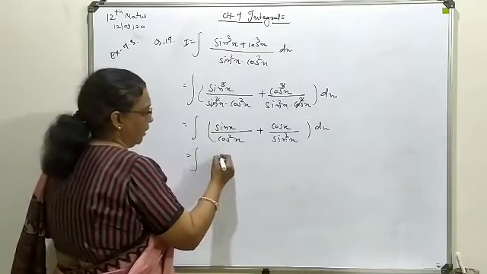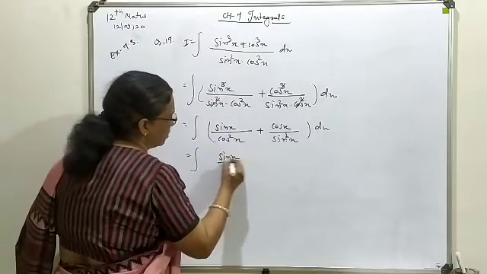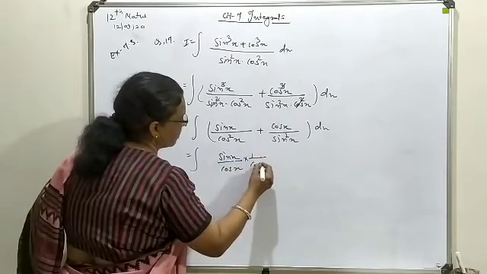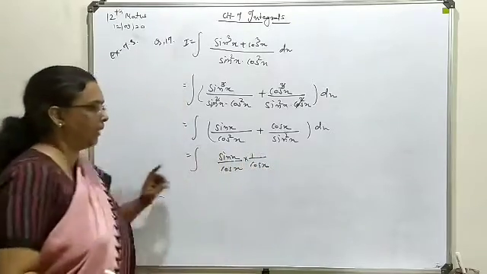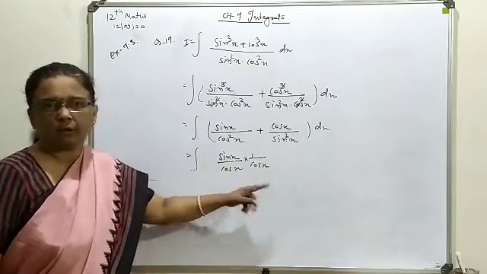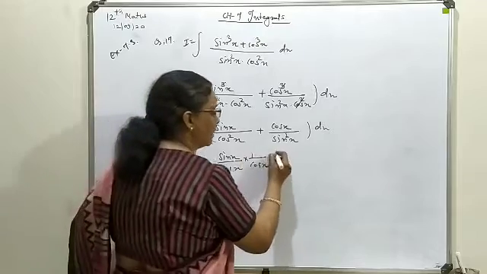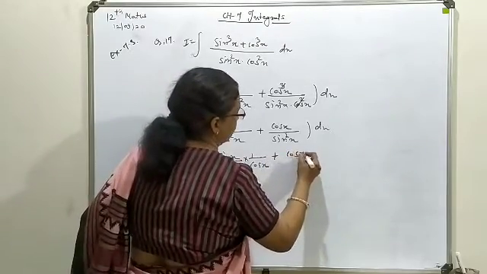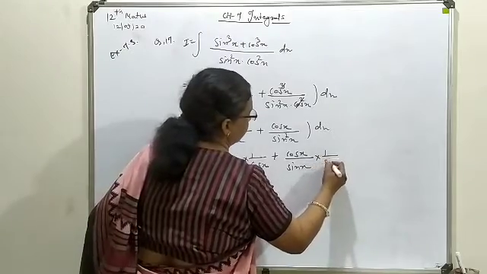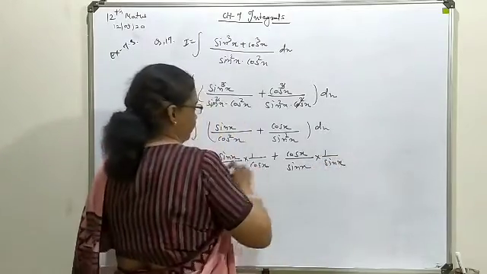Now again make them split to generate single terms. Sin x upon cos, and 1 cos x remains, so it is 1 by cos separately. Here also the same way: cos of x upon sin of x into 1 upon sin of x.